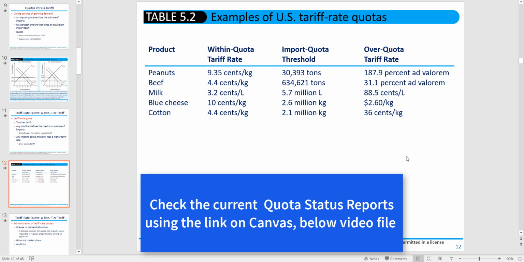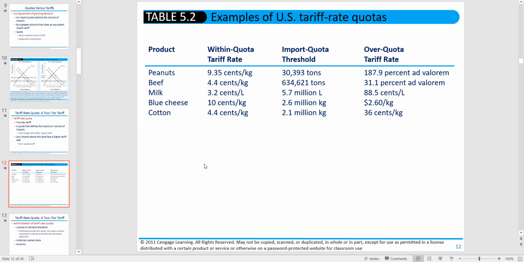The key point being that you still can buy it, even though at a much higher price. So in that sense, we say that the tariff rate quota is less restrictive than a quota. But the least restrictive of them all so far was the tariff alone.